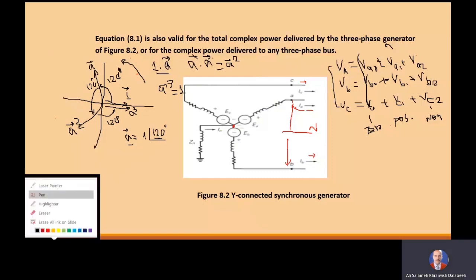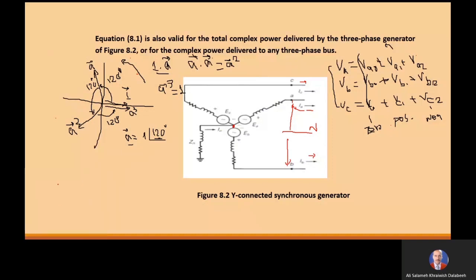As you see, the vector A has two components: this component and this component.